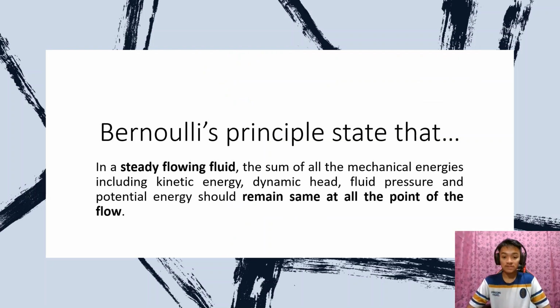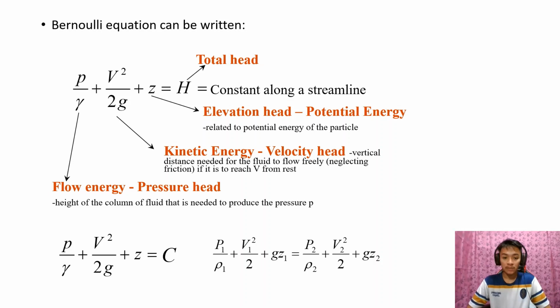Plus, Bernoulli's principle stated that in a steady flowing fluid, the sum of all the mechanical energies, which include kinetic energy, dynamic head, fluid pressure, and potential energy, should remain the same at all points of the flow. So, the Bernoulli equation can be written in many forms, as you can see from the slide.